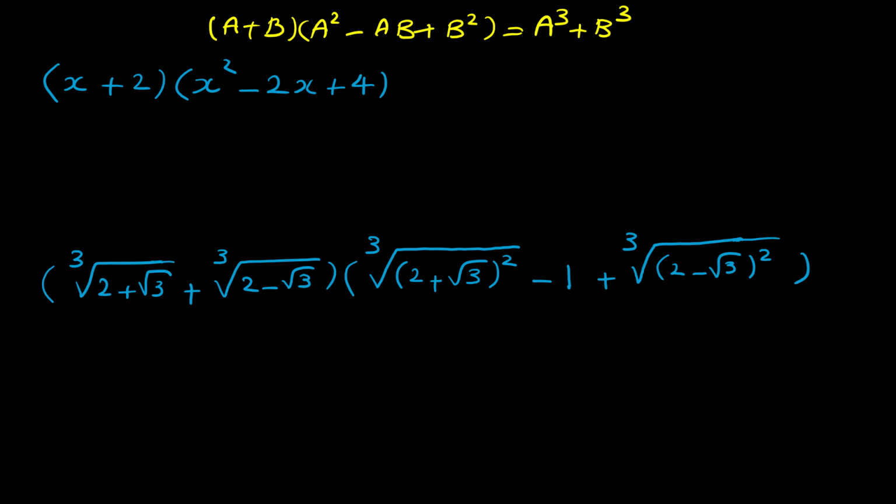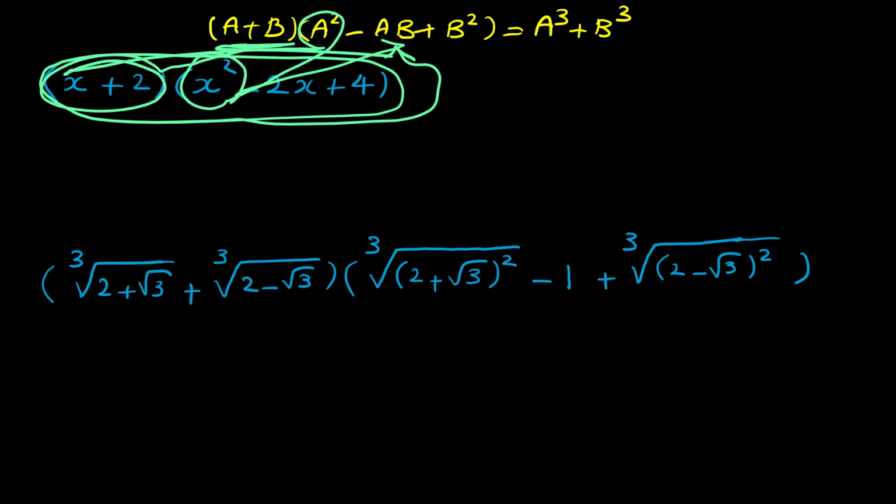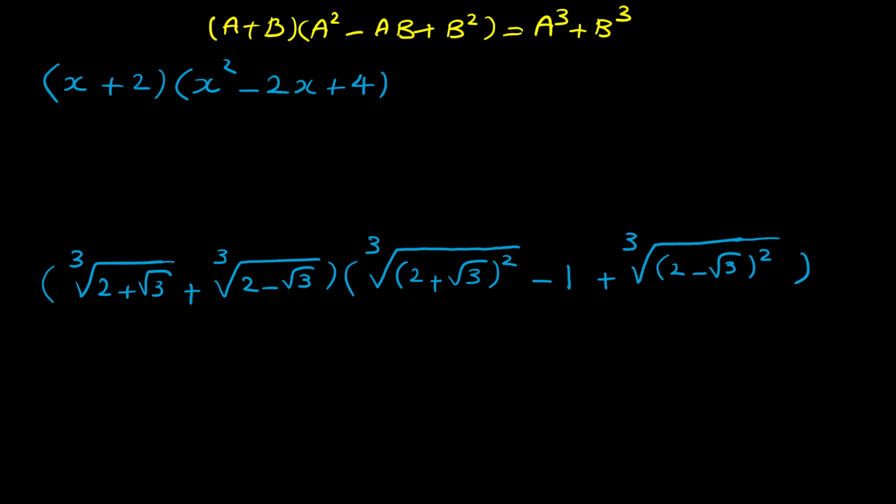If you pay attention, this expression here fits completely with this. A plus b, x plus 2. a^2, x^2. ab, 2x. b^2, 2 to the 2 or 4. Because everything matches between this expression and this identity, the answer is a to the 3, x to the 3, plus b to the 3, b is 2, 2 to the 3, which is 8. So the answer is x^3 plus 8.